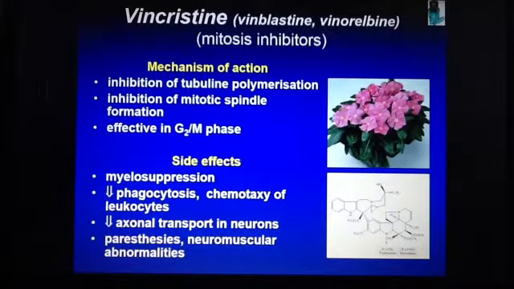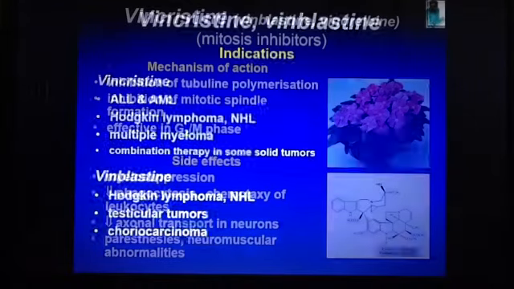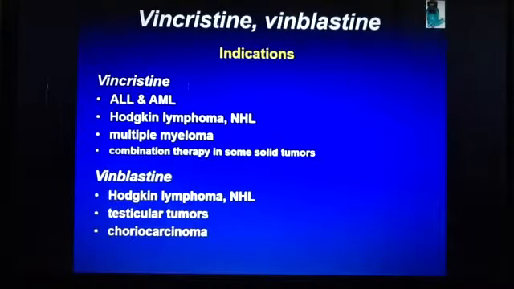And we will also see paresthesias and neuromuscular abnormalities. Vincristine: indications for ALL and AML, Hodgkin's lymphoma, NHL, multiple myelomas, in combination therapy with some solid tumors. Vinblastine: Hodgkin's lymphoma, again, NHL, testicular tumors, and choriocarcinomas.